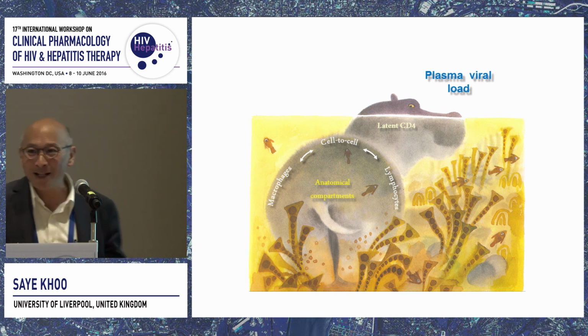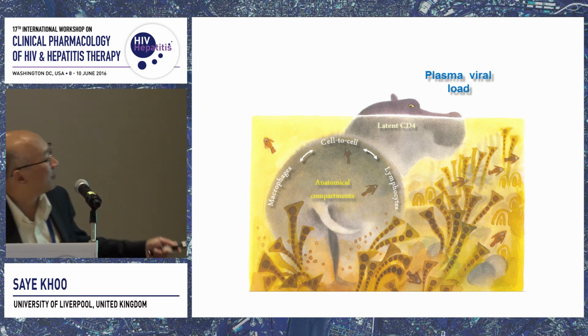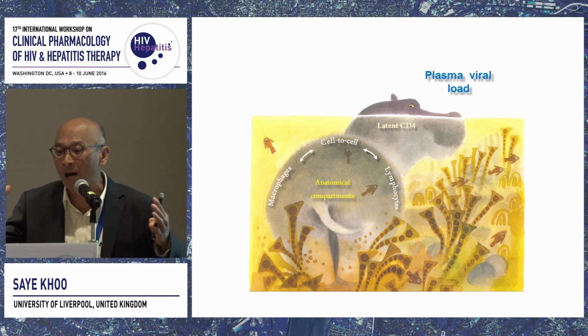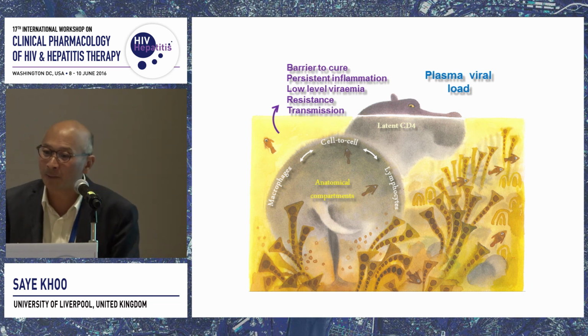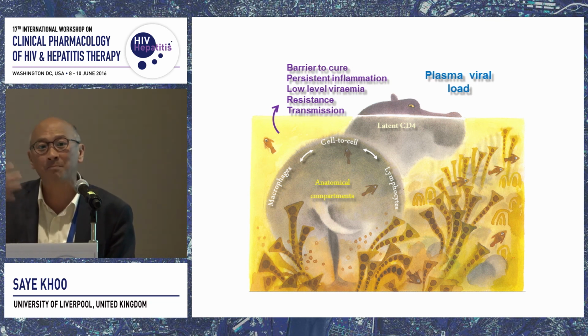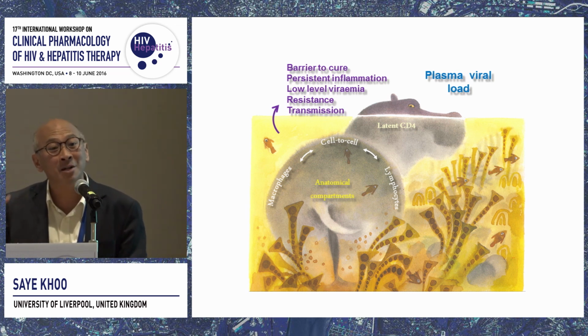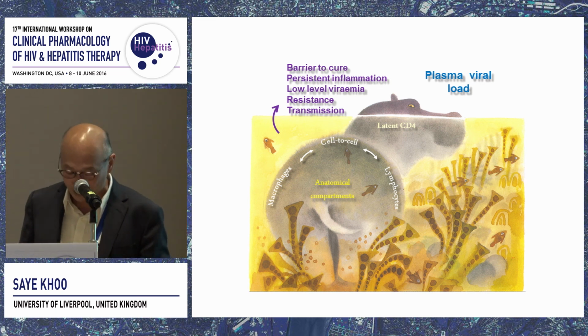So the eyes of the hippopotamus are what we call the viral load, but of course there's a huge rump, a backside, if you like, of compartments that deal with macrophages, with tissue compartments, and these are things that still cause problems, whether it's a barrier to cure, whether it's this persistent immune activation that we still see, whether it's low-level viremias, which are effectively a spillover that just pop up every now and then above the waterline.